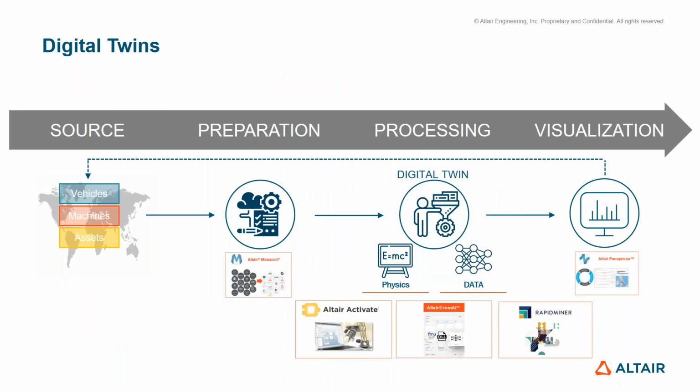So this is how Altair Activate, Altair ROM AI, RapidMiner, Panopticon and Monarch will do the entire AI/ML prediction for you. These are all the applications whose names are displayed on the screen. There is no code over here.